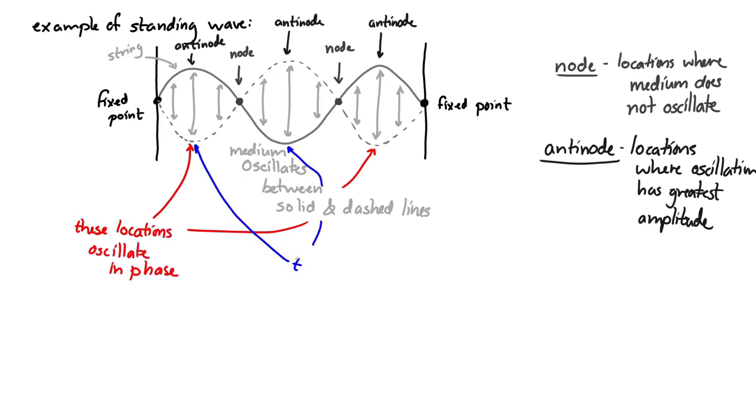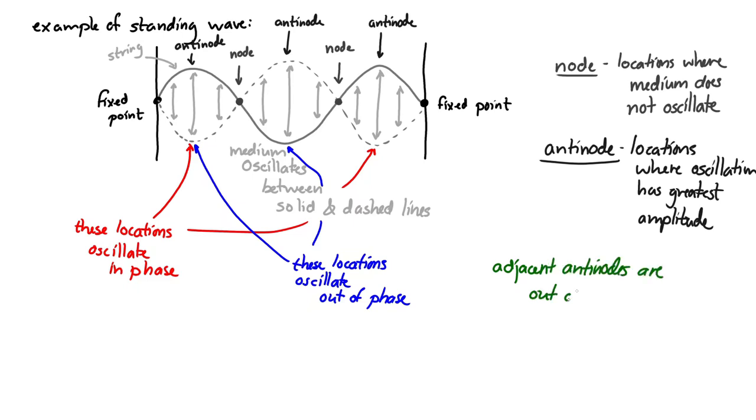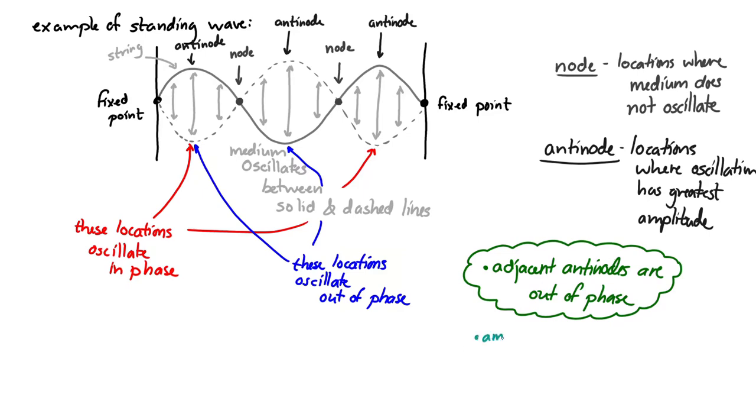In fact, adjacent antinodes are out of phase, and to find an antinode that's in phase, you have to skip over one. So throughout this standing wave, the medium is oscillating everywhere except at a node, and the amplitude of the oscillation in the medium varies with location.